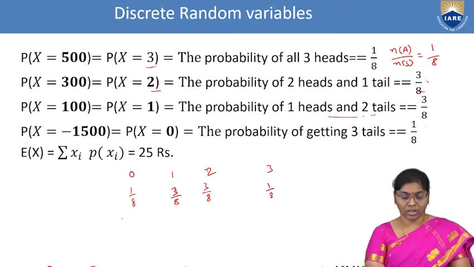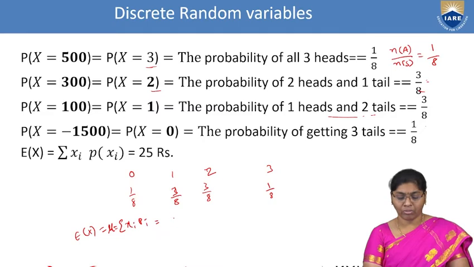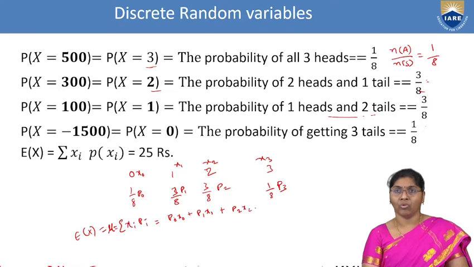Now expectation E of x equals summation, mean mu, that formula is xi into pi. Here x naught, x1, x2, x3 and p naught, p1, p2, p3. That means p naught into x naught plus p1 into x1 plus p2 into x2 plus p3 into x3.